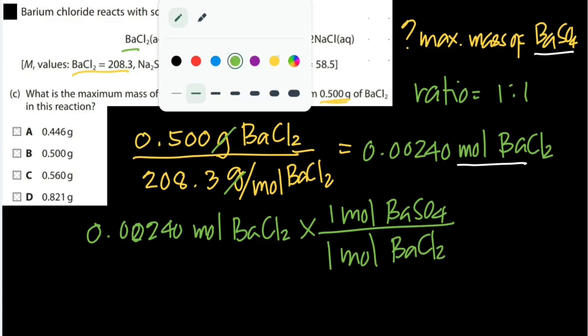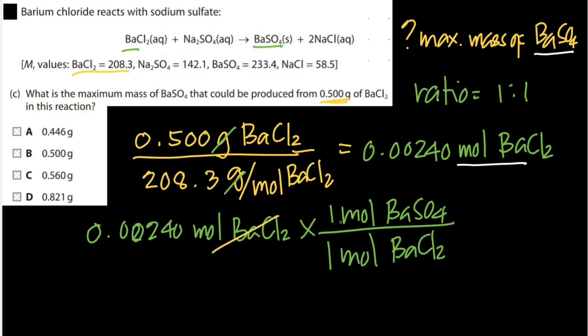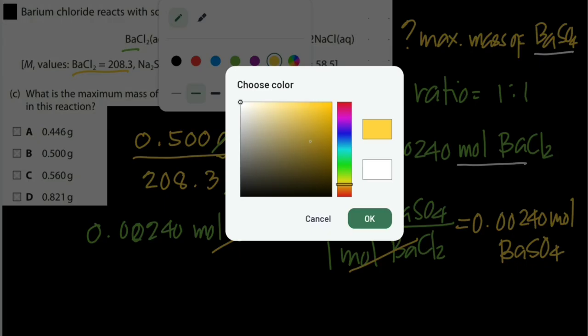So the number of moles of barium sulfate is equal to the number of moles of barium chloride. So that is also equal to 0.00240 mole barium sulfate.